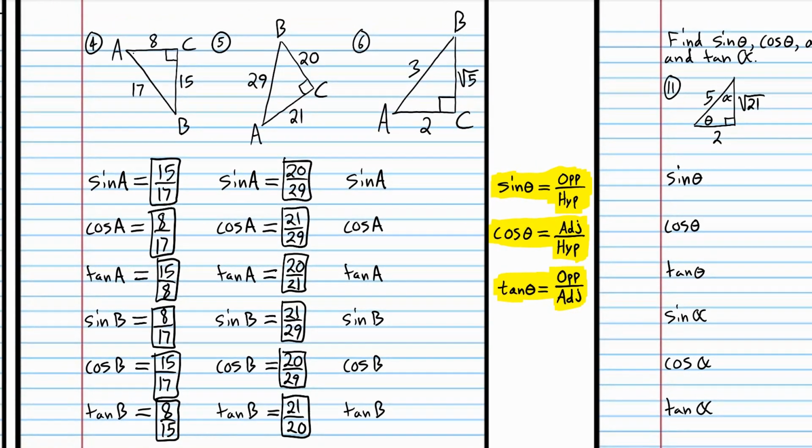All right, we're back. Sine is opposite over hypotenuse. So opposite is root 5. Hypotenuse is not 2, hypotenuse is 3. And cosine is adjacent over hypotenuse, so 2 over 3. And tangent would be root 5 over 2.